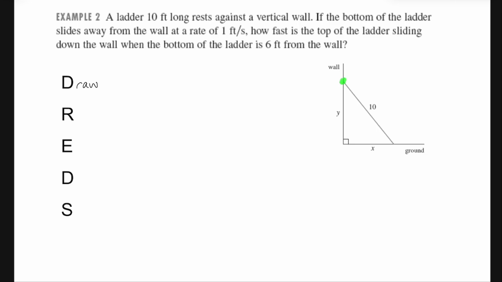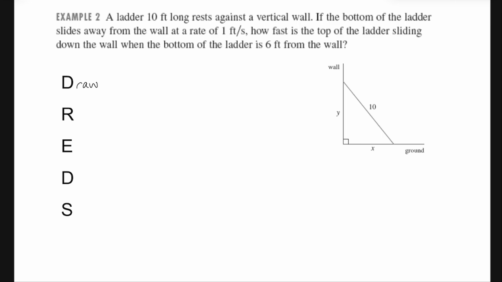But the top of the ladder will go down as it slides out, and so that is going that way. So we do have a rate sort of problem. I put an X down here because it's going in the X direction. I put a Y here because it's going in the Y direction. You can call them H for height, G for ground. The variables are inconsequential. You decide what the variables are.